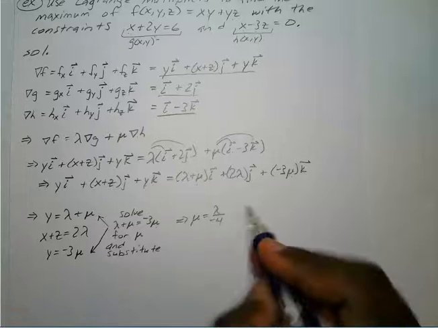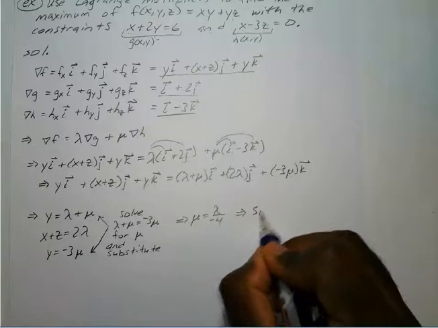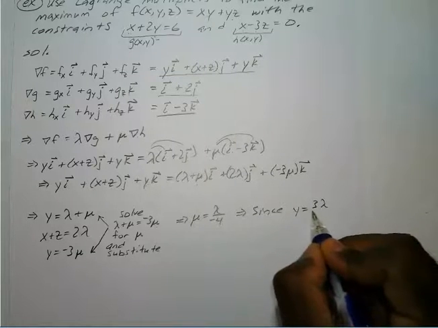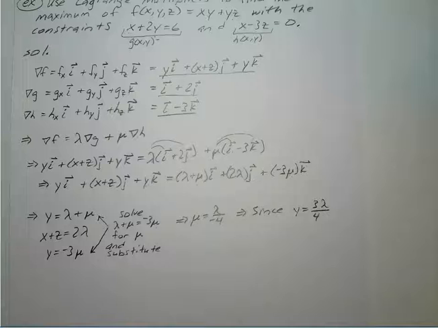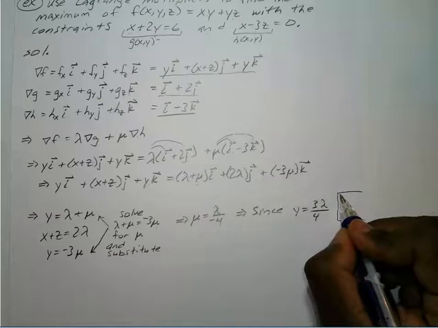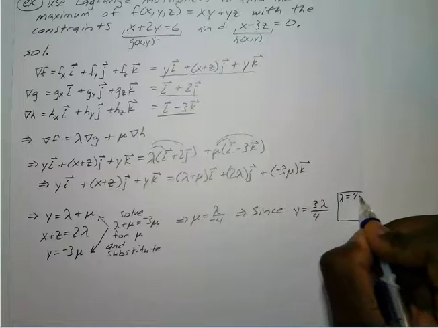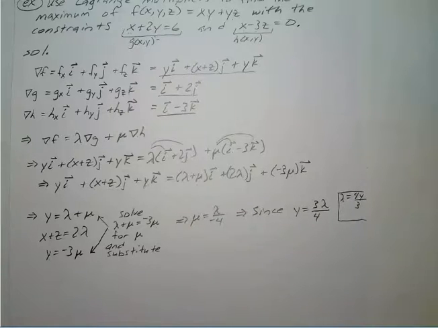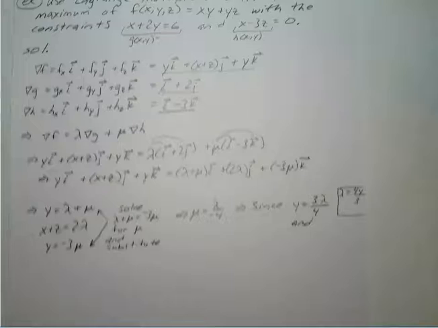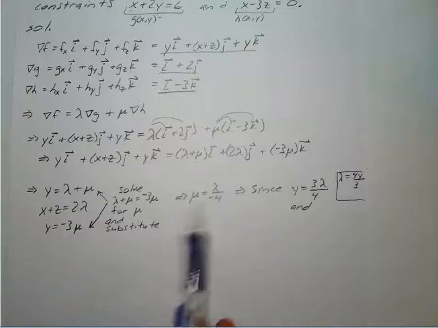So we already know that y is equal to 3 lambda over 4, remember -3, so we know that lambda is equal to 4y over 3. Remember, all we did here was plug in the mu.